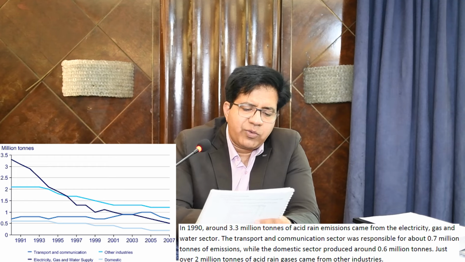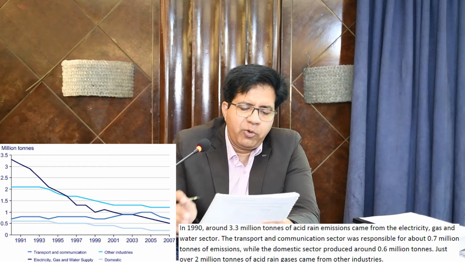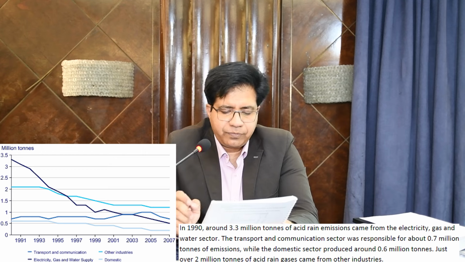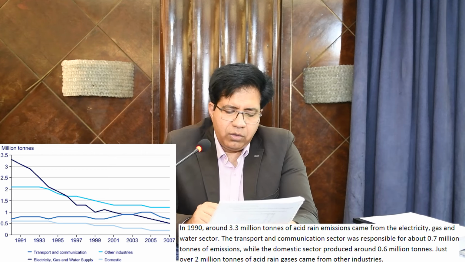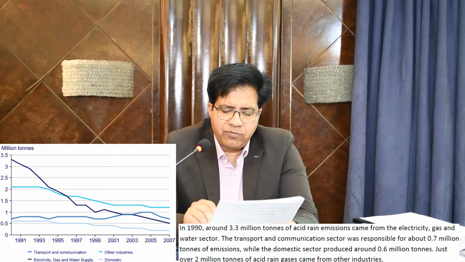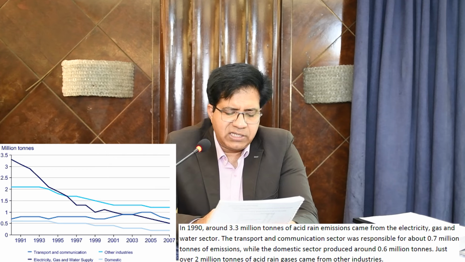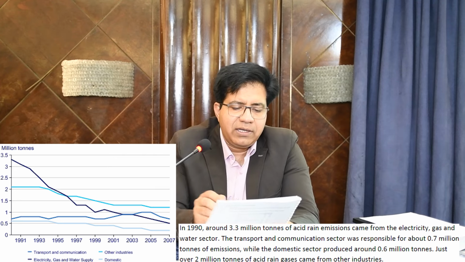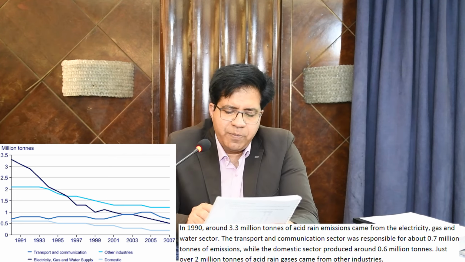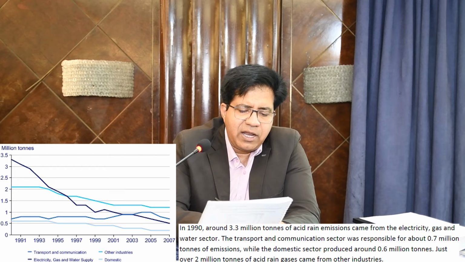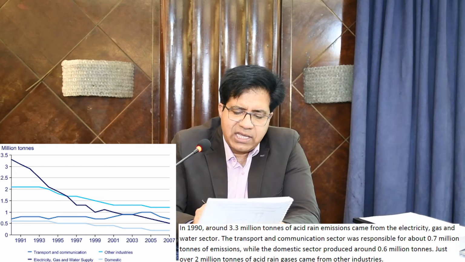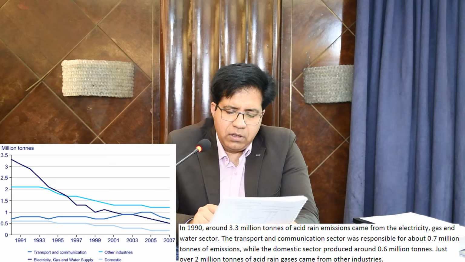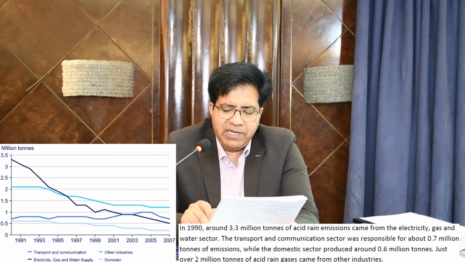So with that line, you can write number 2, transport and communication. Okay, the transport and communication sector was responsible for about 0.7 million tons of emission, while the domestic sector produced 0.6. Below that, we have the gray line. That is domestic. So write there number 3, and domestic is number 3. Okay, produced around 0.6 million tons.